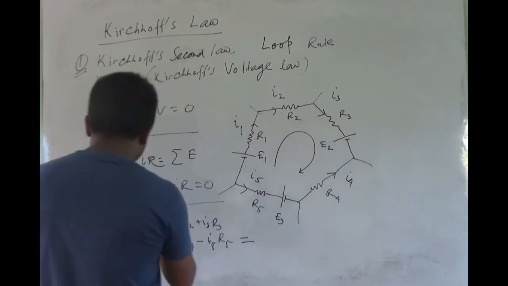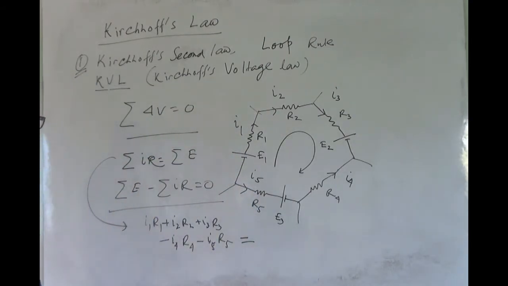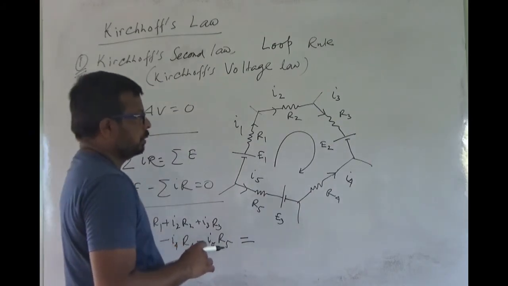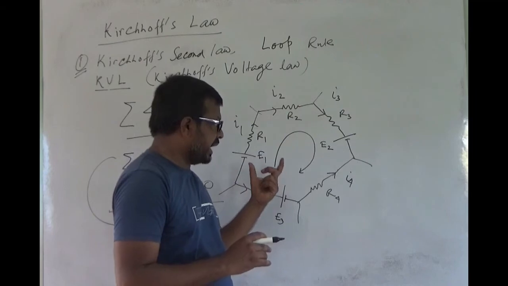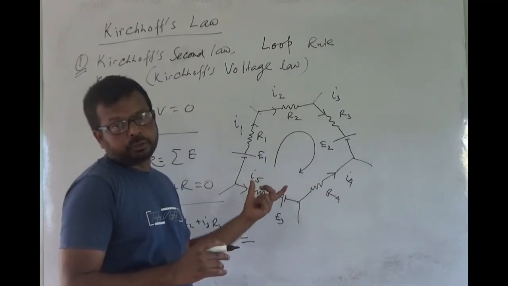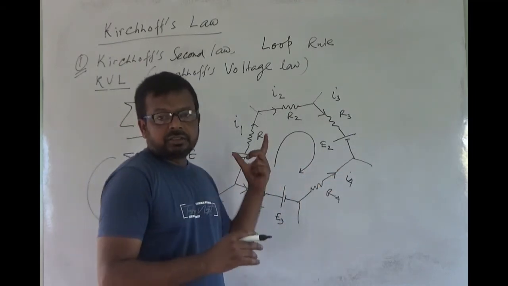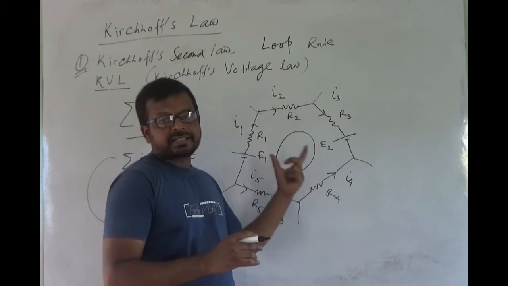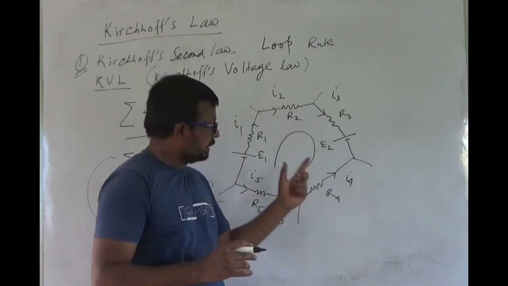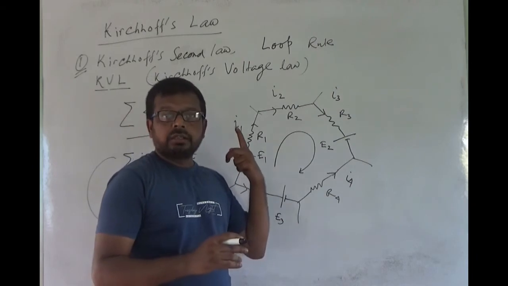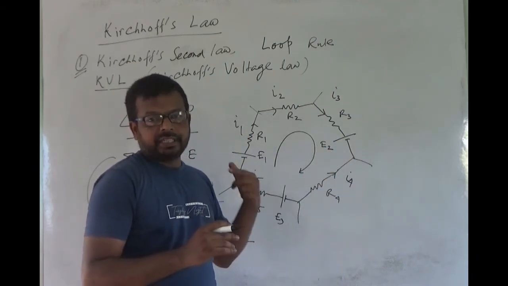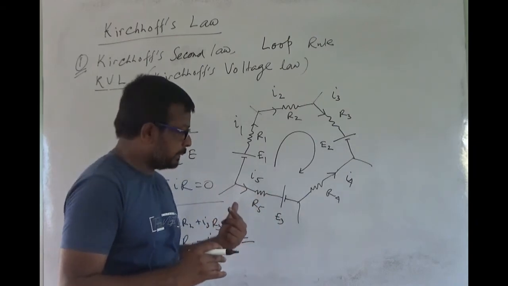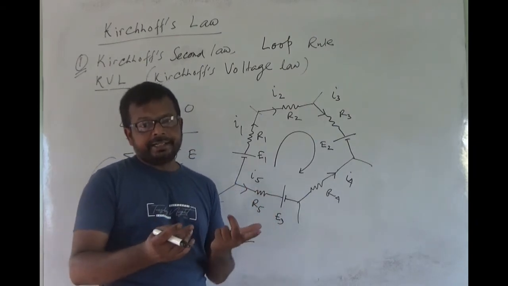This is summation over IR, and this should be equal to, now which EMF is taken to be positive and which EMF is taken to be negative? The cell which provides current in the clockwise direction, that is in this direction, the EMF is taken as positive, but the EMF will be taken as negative if the cell provides current in the opposite direction.